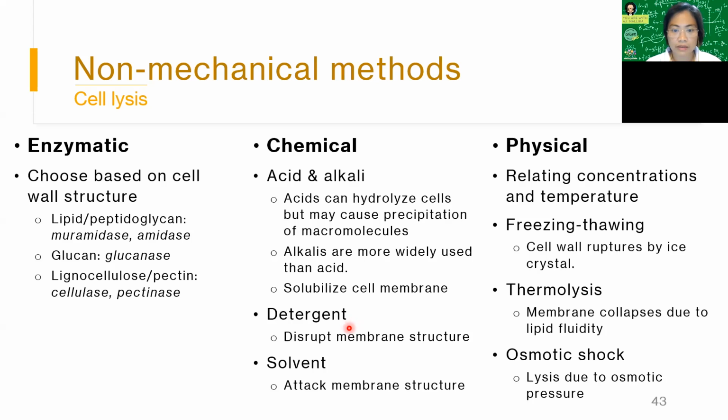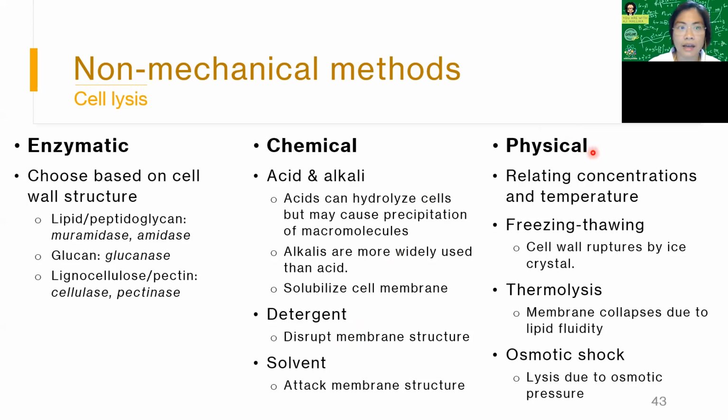Another type of chemical that can be used to lyse the cells is a solvent. Okay, solvent again attacks membrane structures. So the chemicals used for cell lysis mainly aim to either destroy the cell walls or, most of the time, lyse the cell membrane so the cell releases intracellular stuff out.